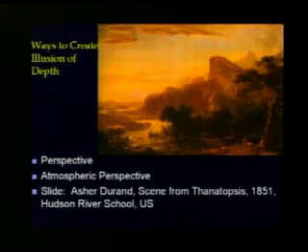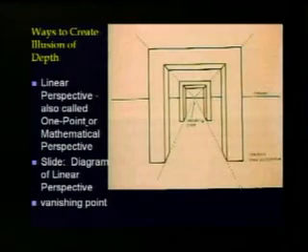And then again, as they go off into this atmospheric perspective, they decrease the textures. So they use all of these ways to give you the feeling that you're actually seeing atmosphere get between your eyes and this background scene. So that's one kind of perspective that they create.